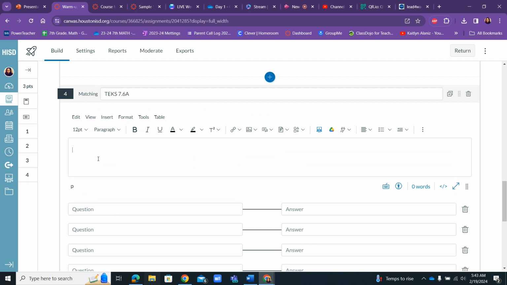Okay. Now, in your matching, this is where you add in your question, right? So my question is going to be, use the image to help match the correct, let's see, actually, I'm not going to say correct.